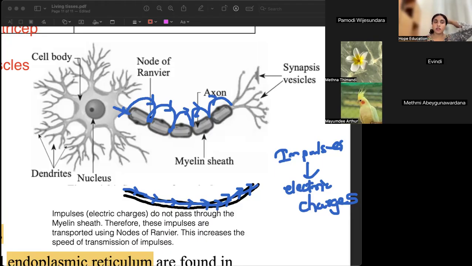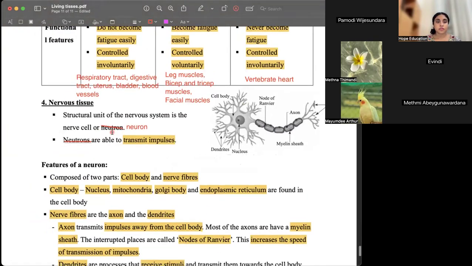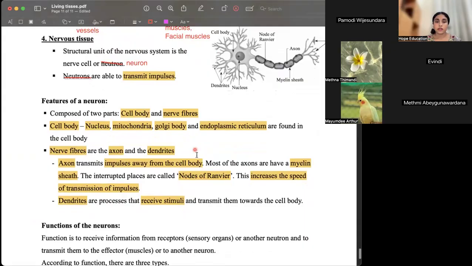All right, let's move on. I will show you the highlighted parts as well. These are the features of neurons. Okay. Risindhi, let me know when you're done.